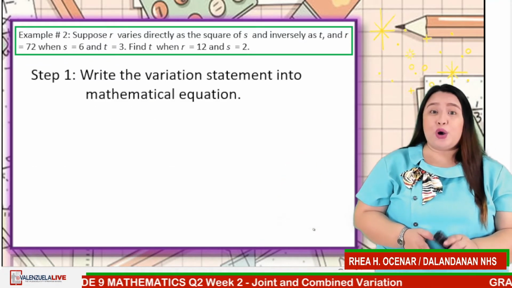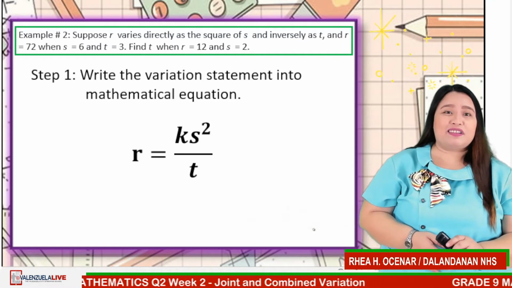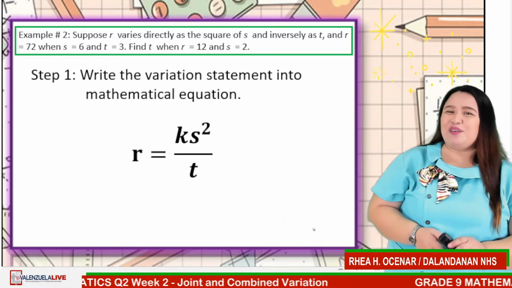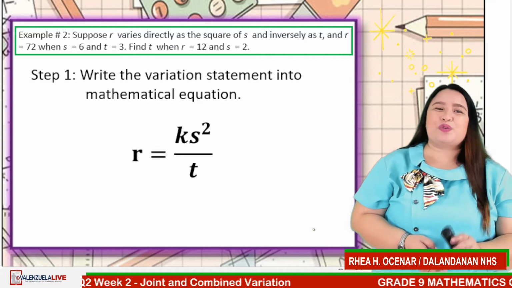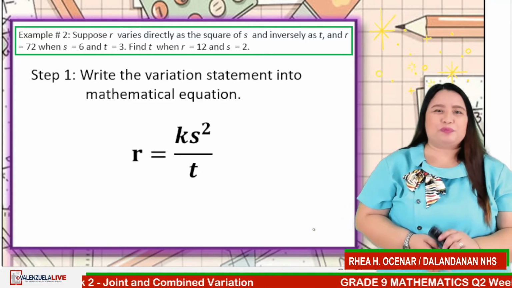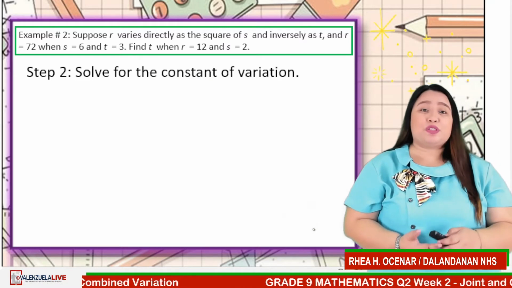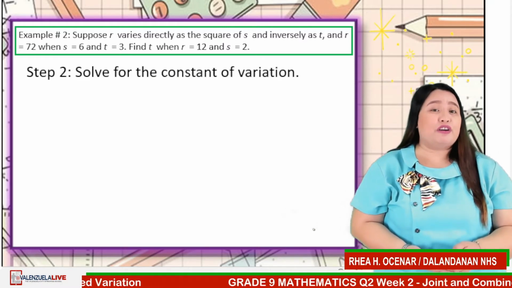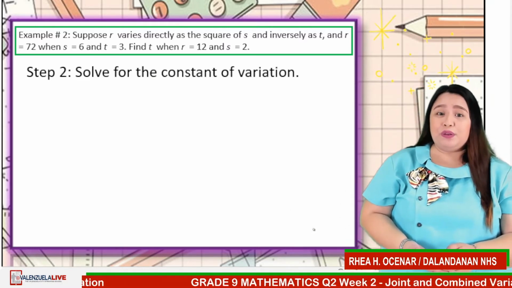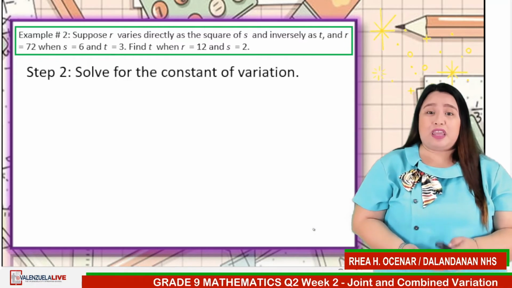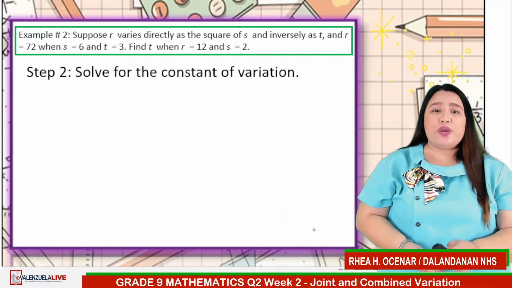Step 1. We have r is equal to ks squared over t. Next, by substitution, we will use the value of r is equal to 72 when s is 6 and t is 3.